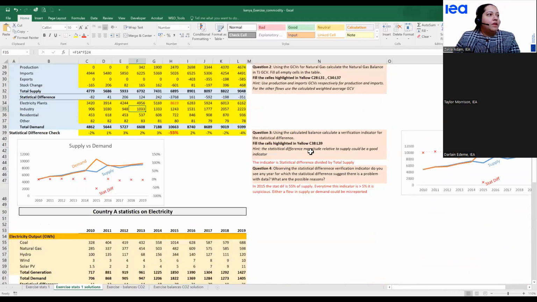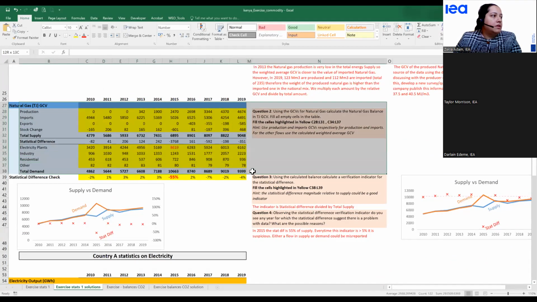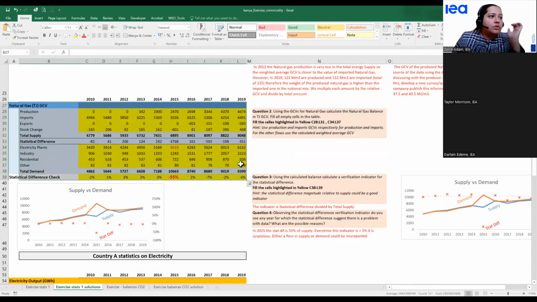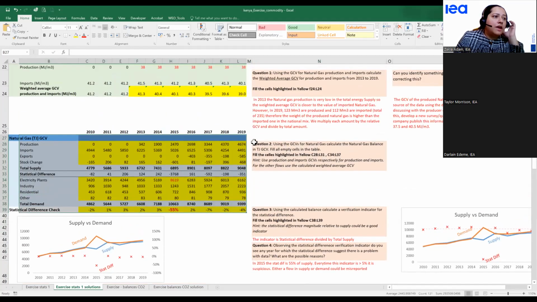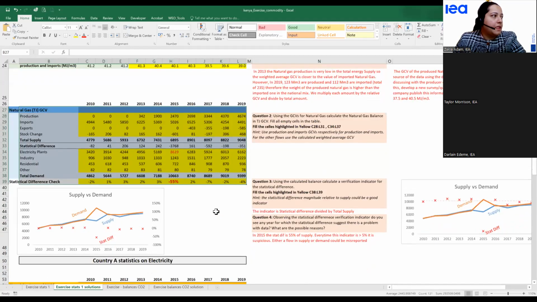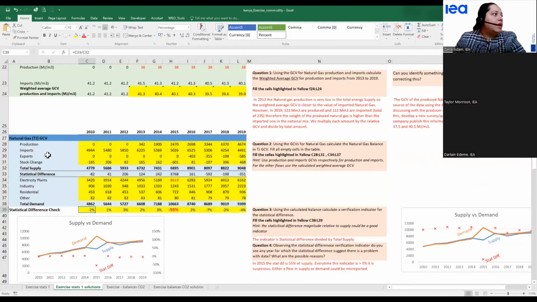So that was it for question 2. Question 3, using the calculated balance, this new natural gas balance in terajoule, calculate a verifying indicator for statistical difference. So here we are asked to calculate a check for statistical difference.